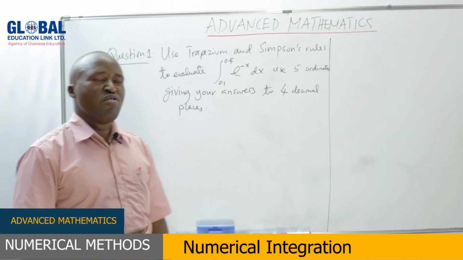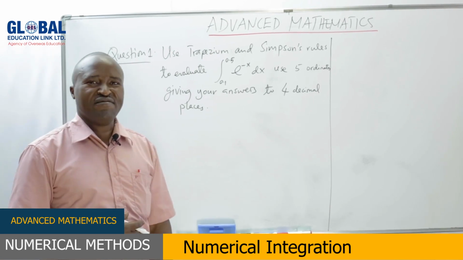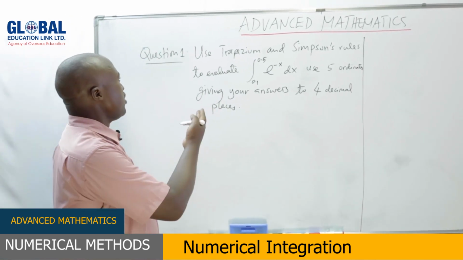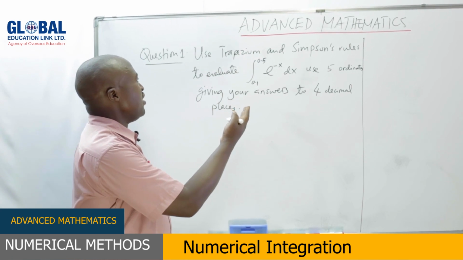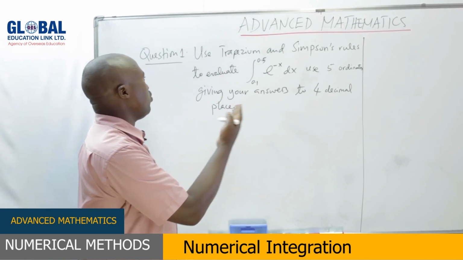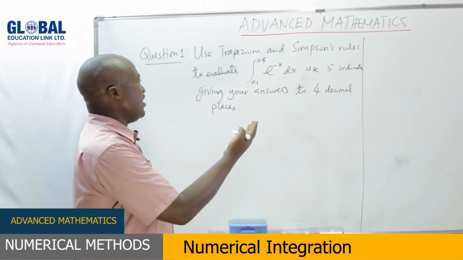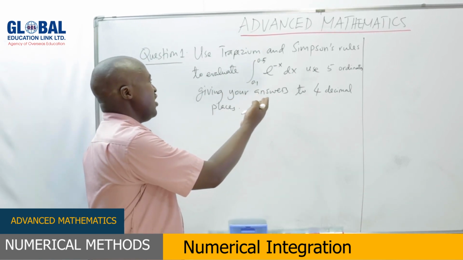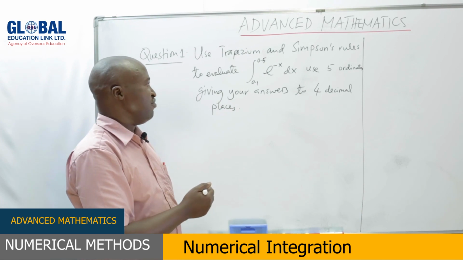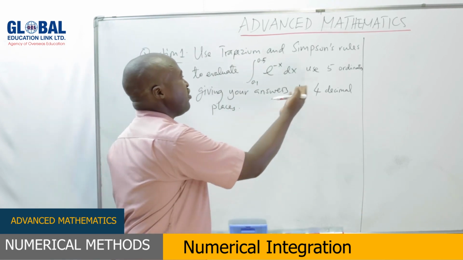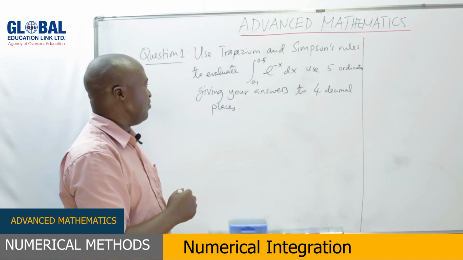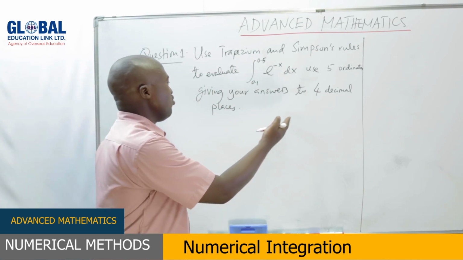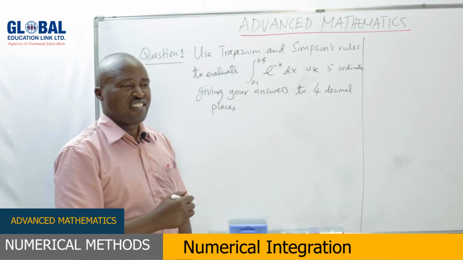Here we have review question number 1: use trapezium and Simpson's rule to evaluate the integral of e power negative x from 0.1 to 0.5, where we are supposed to use 5 ordinates, giving your answers to 4 decimal places.